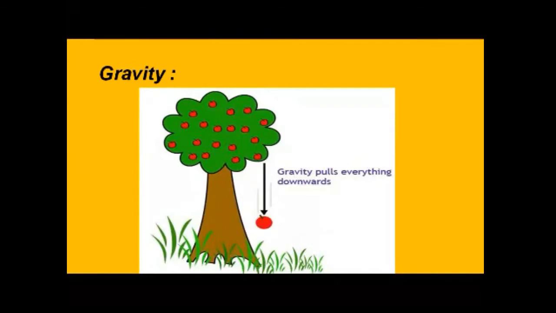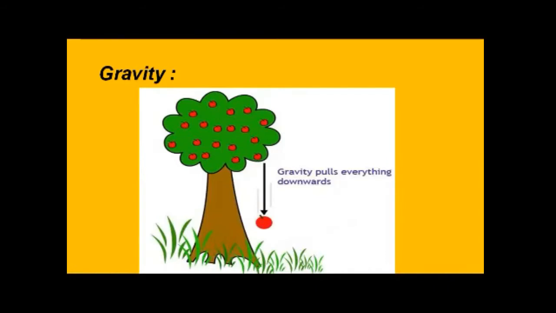Gravity acts on Earth by pulling objects toward its center, like a force that brings objects toward the Earth. When an apple falls off the tree, gravity is the reason it hits the ground. Okay, so gravity pulls everything downward. Every object has gravity, and gravity on Earth pulls everything toward its center.